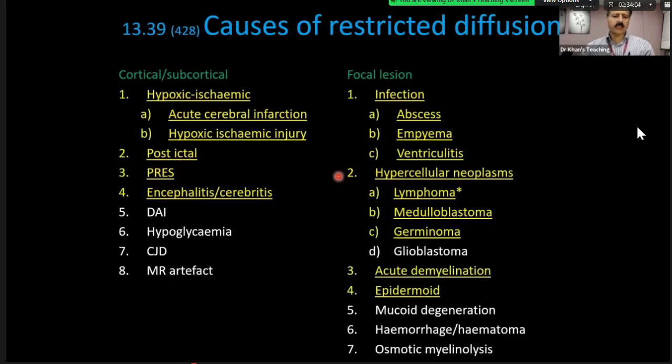Okay, I'll still continue. Now, causes of restricted diffusion, this is from your new Chapman. There are many, everything which glitters is not gold. And similarly, everything which shows restricted diffusion is not an infarction. So some of these things are important for your exam.